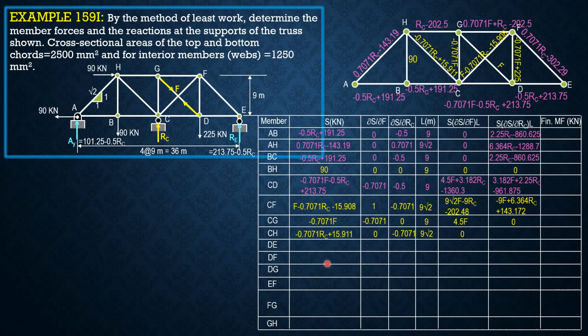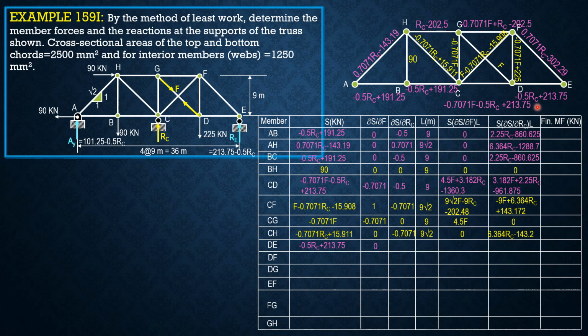For DF, negative 0.7071 F plus 225. So negative 0.7071, 0. Length is 9. There is product here: 4.5 F minus 1431.89. Here it's 0.